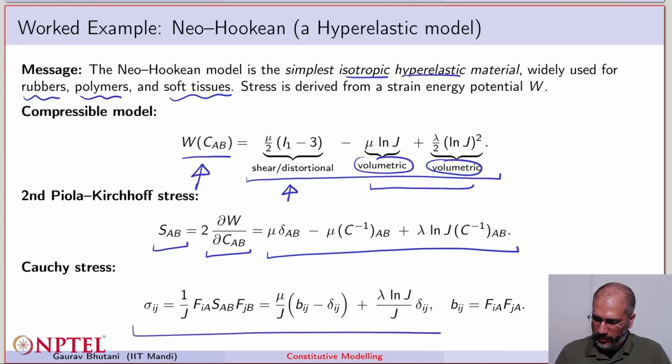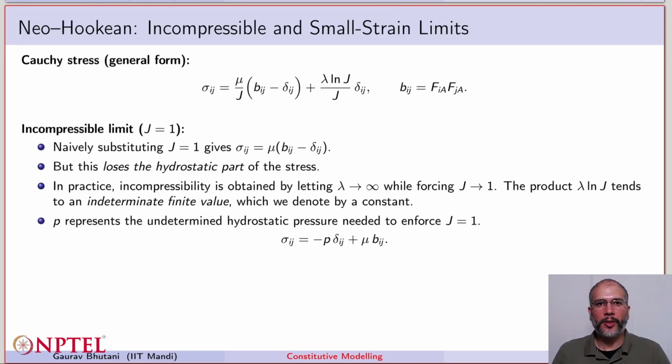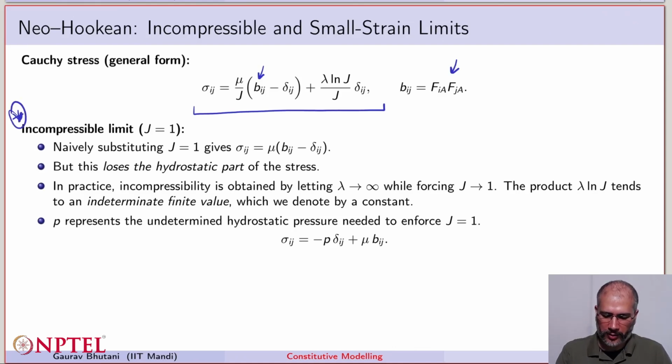So let's analyze this a little further. For this Neo-Hookean material, that is our isotropic hyperelastic material of choice, we just showed that the Cauchy stress tensor sigma is written like this, where B is basically F times F transpose. So let us apply an incompressible limit on the material, that is, the Jacobian is equal to 1.